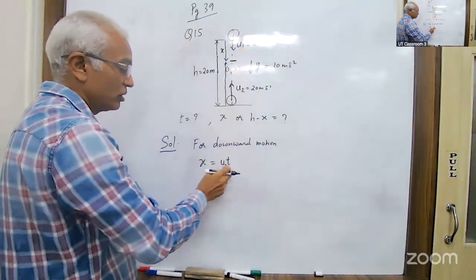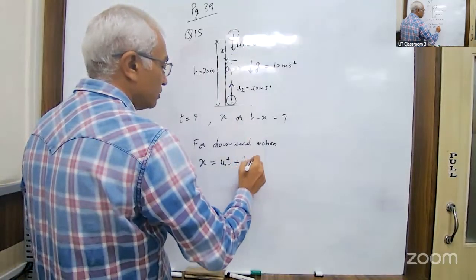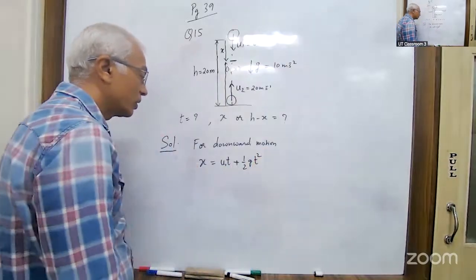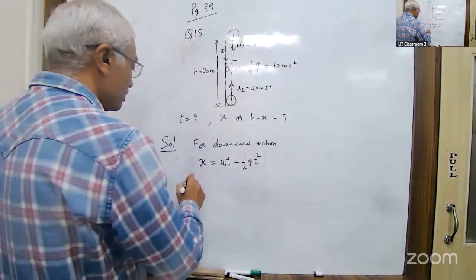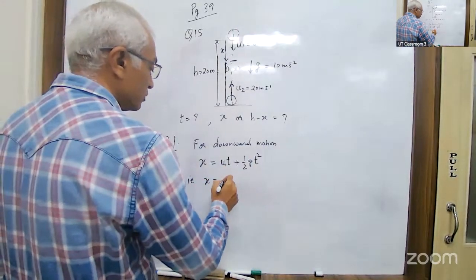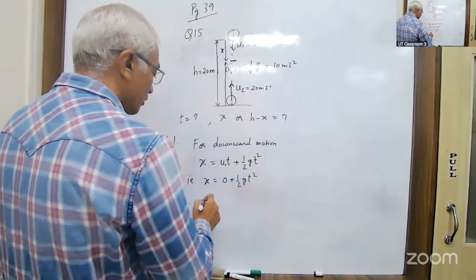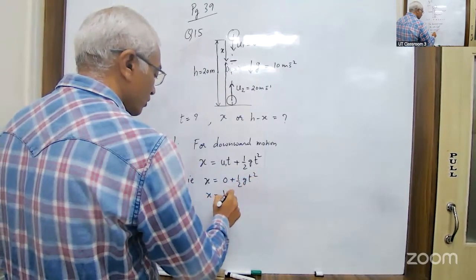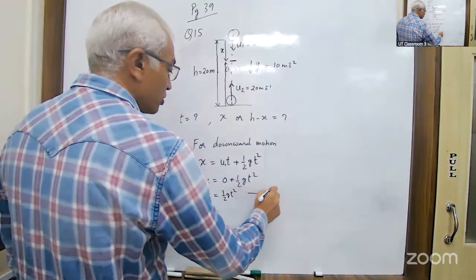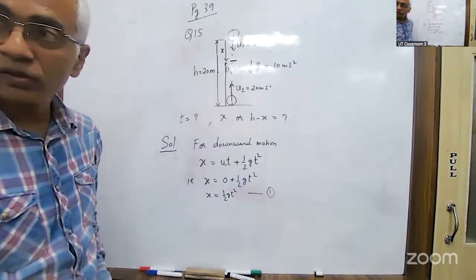Here u is 0, so x is equal to half gt square. This is equation 1. So we get this equation for downward motion.